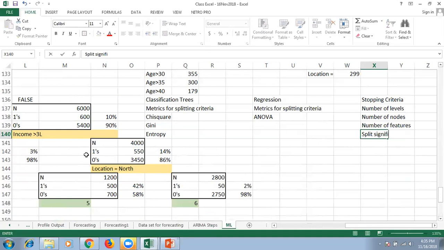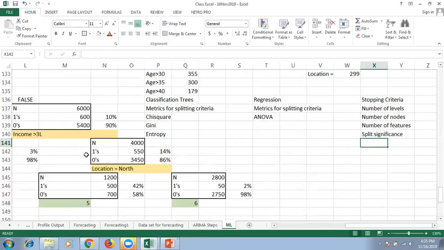Or level of split significance. So if I give a significance level of 95%, you know that the chi-square value will be computed. Based on the chi-square value, you can also calculate the p-value. If the p-value is low, then that split is a more significant split. If I keep 95% significance, it will split only until it reaches 95% significance.